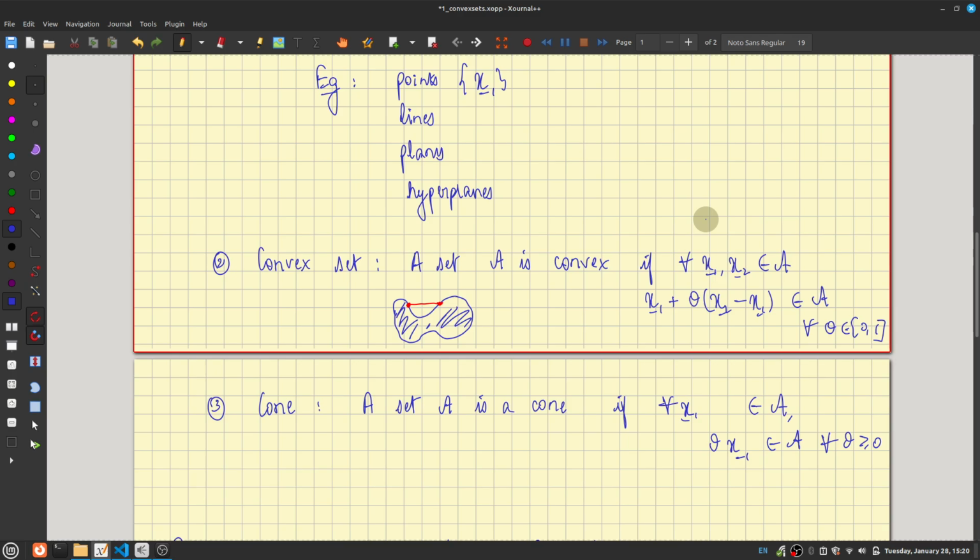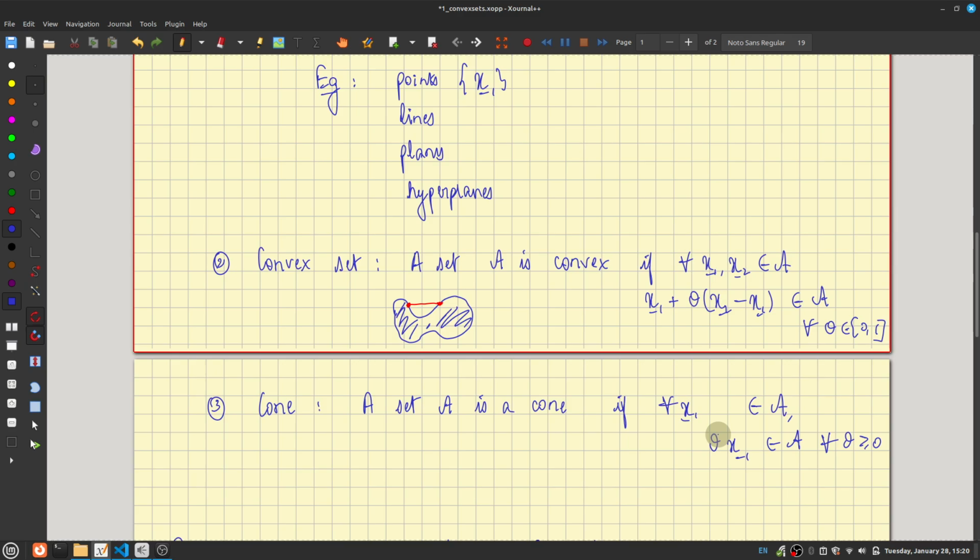You take any line that does not pass through the origin. This is not a cone because for it to be a cone, you take any point in the set, then theta times x1 should lie within the set. In other words, you take the ray that starts from the origin and passes through this point, and this entire ray should be within the set.